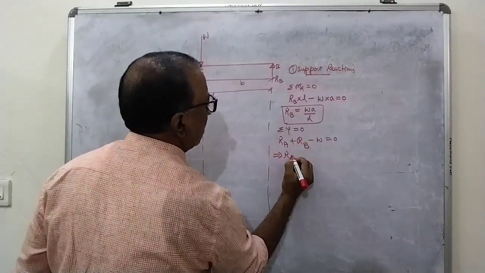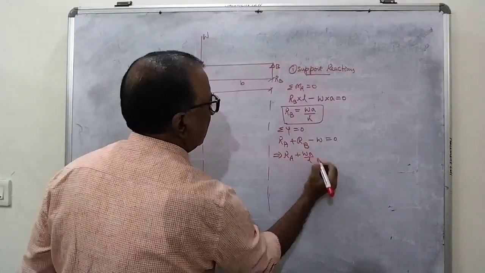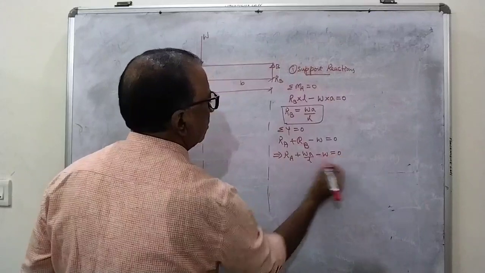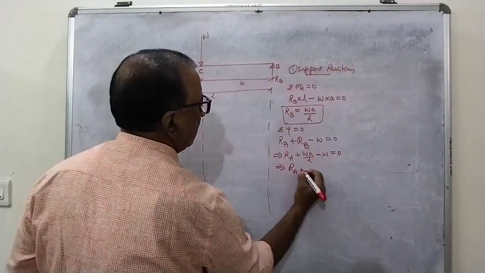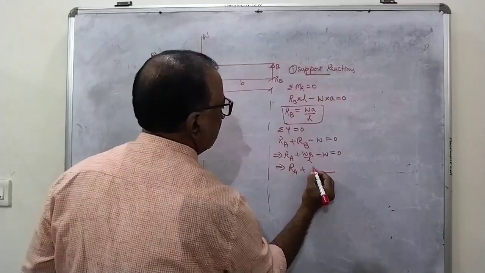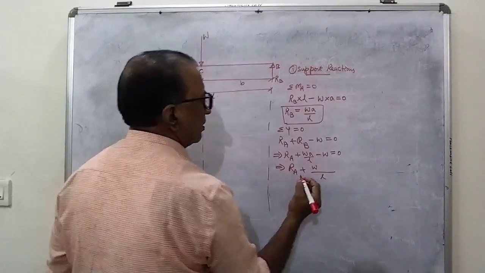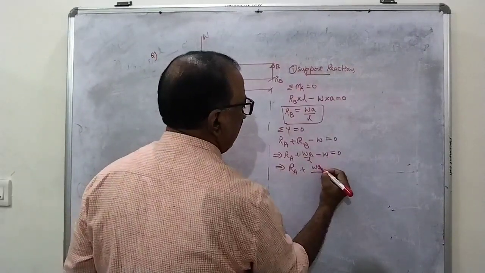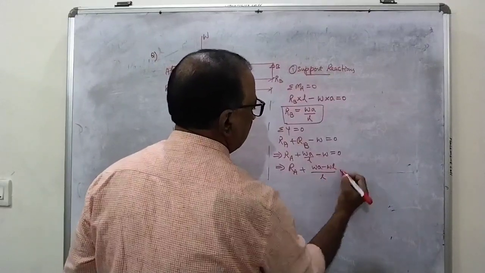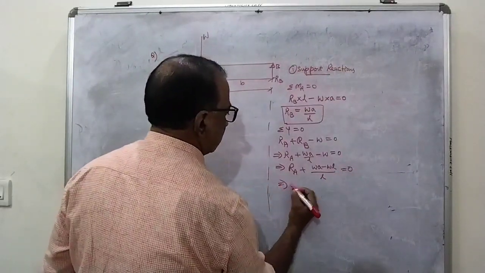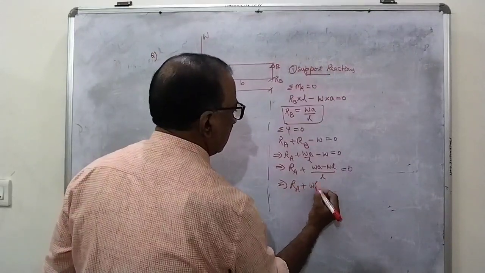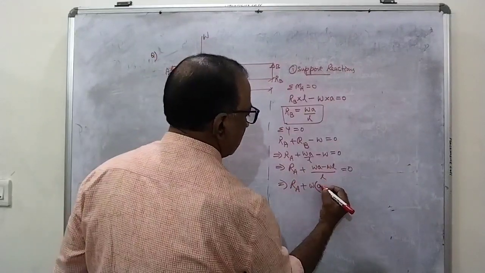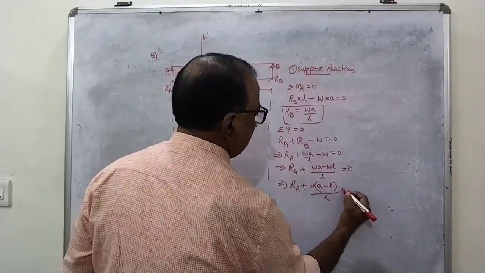But you know already the RB value, Wa by L. Taking the LCM as L, RA plus W into (a minus L) divided by L is equal to 0.